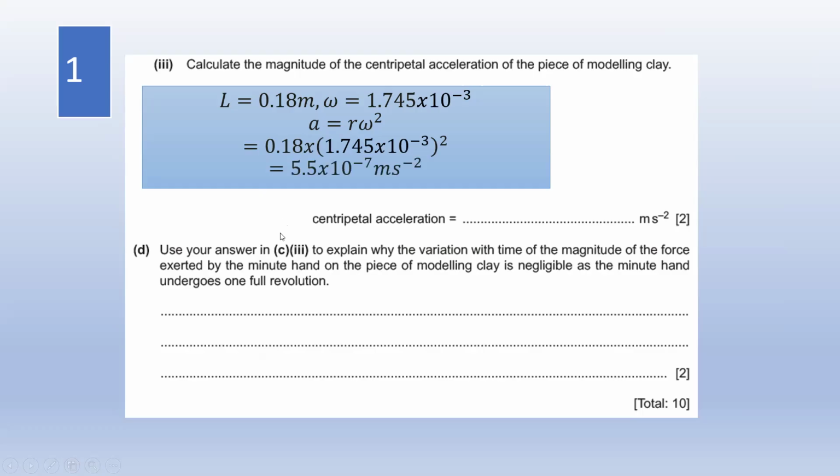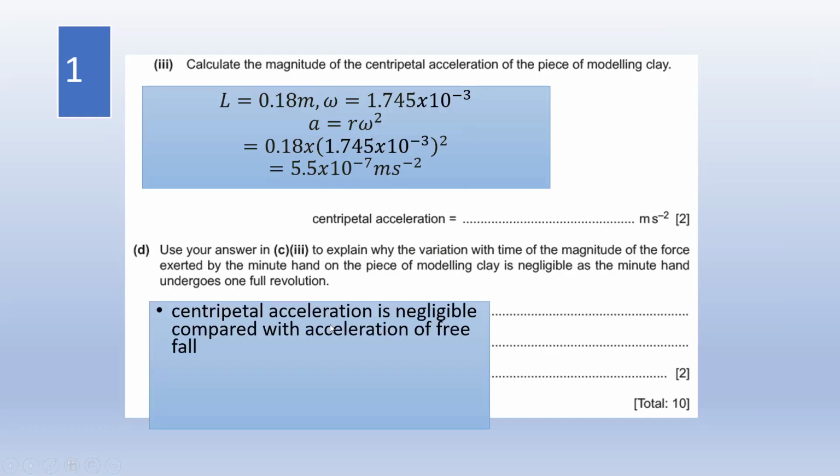Use your answer in C part 3 to explain why the variation with time of the magnitude of the force exerted by the minute hand on the piece of modeling clay is negligible as the minute hand undergoes one full revolution. Right, the acceleration is very small compared to acceleration due to gravity.